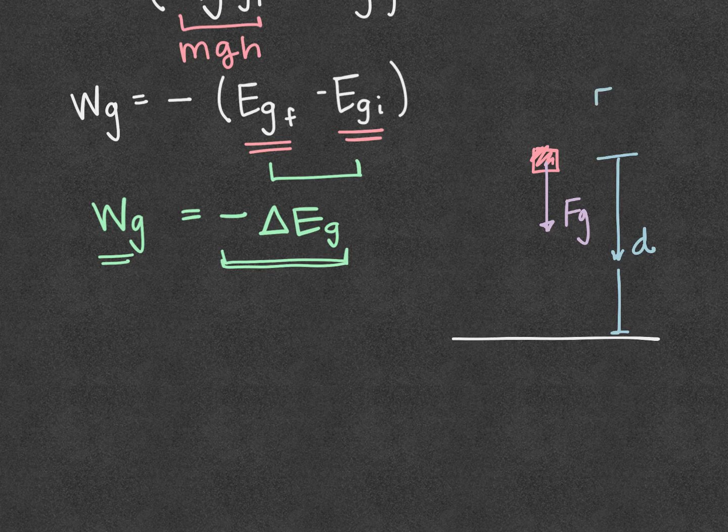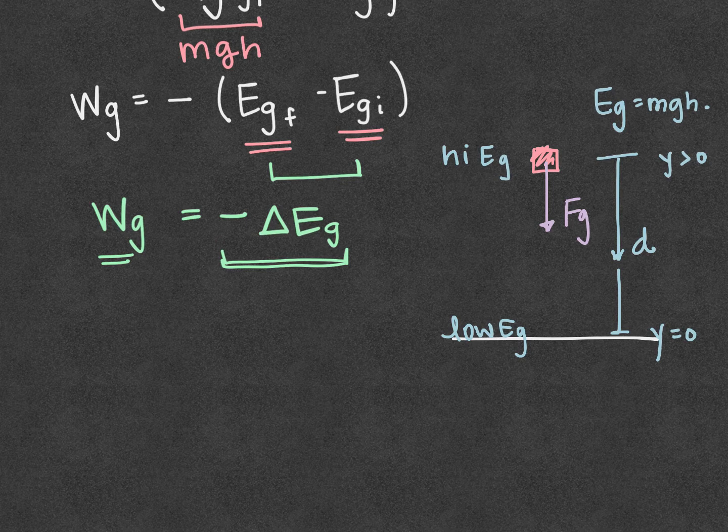But since energy is mgh, if this is a 0 position and this is some position greater than 0, then up here we're at a high energy, and down here we're at a low energy. So the energy is changing as the object moves from this initial higher position to this final lower position, and so there is a negative change in the energy of the object.